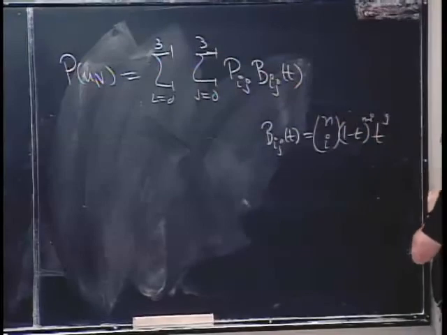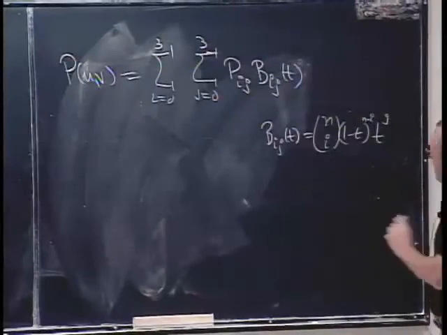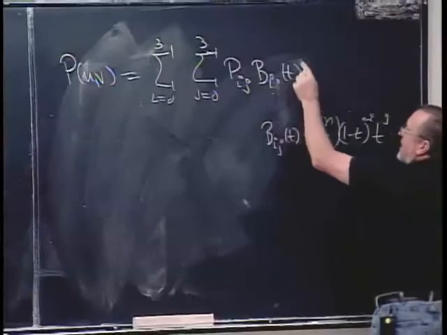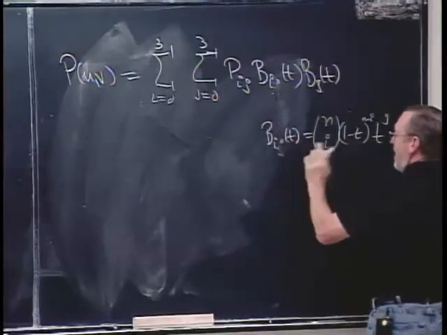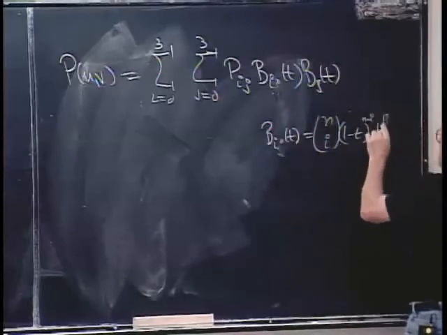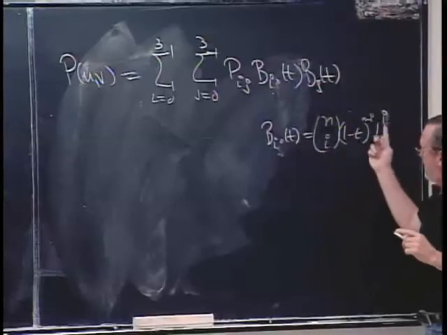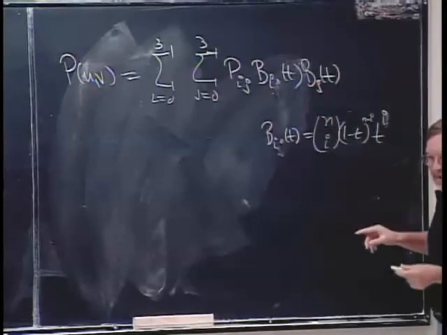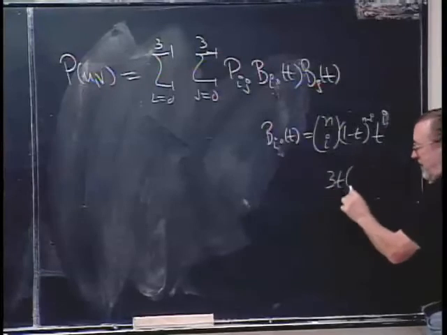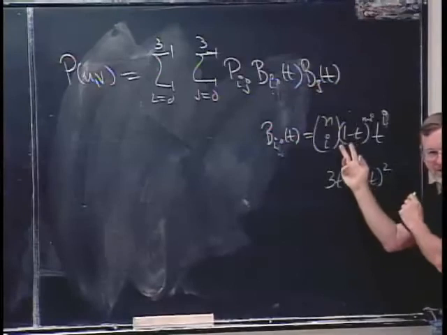B_i of t. There's another one, B_j of t. There you go. It looks like that. And if you look at this one, this is the 3t times (1 minus t) squared. That's what that is. These are all these functions.